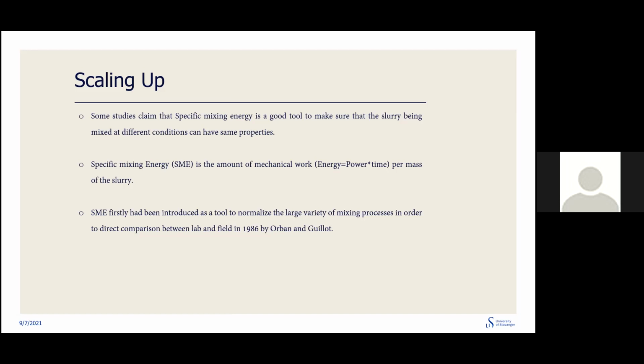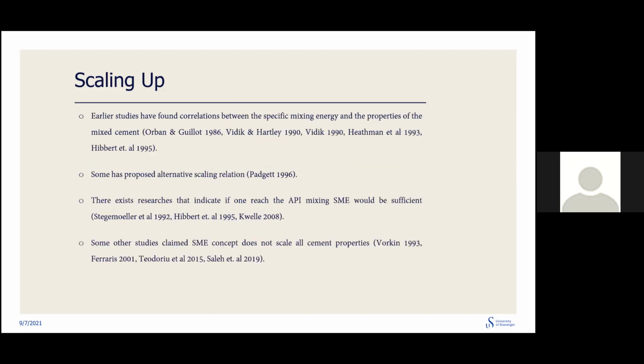Some earlier studies have proposed the concept of specific mixing energy, SME, as a good tool for making this synergy between different scales. Specific mixing energy is literally the amount of mechanical work you are putting into the mixed slurry. It was first announced by Orban and Gouliot in 1986 for comparing different slurries being mixed at different scales.